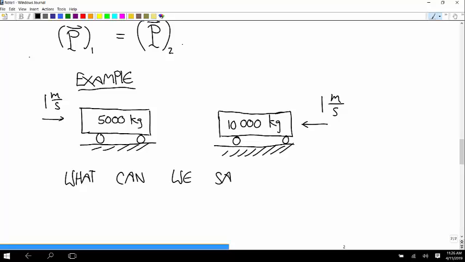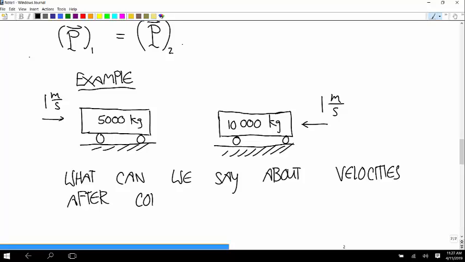What can we say about the velocities after the collision?